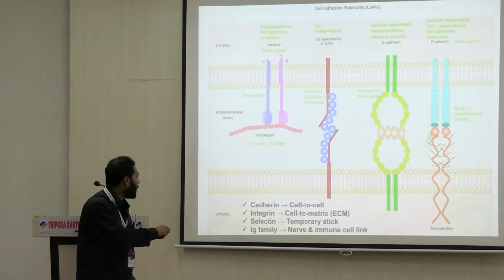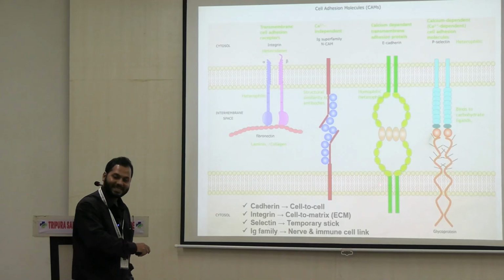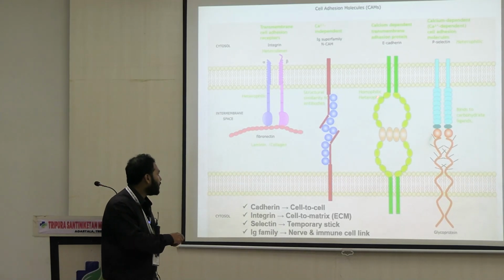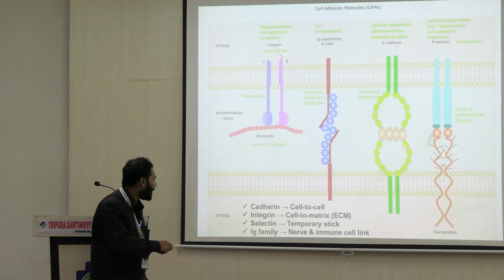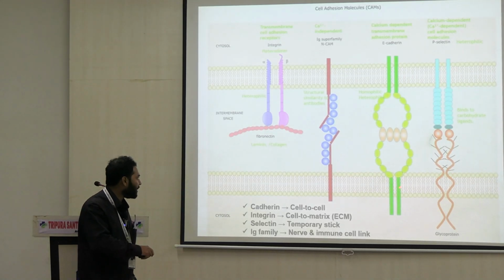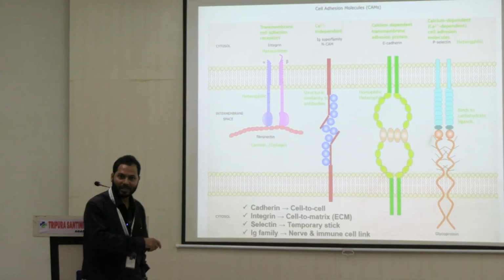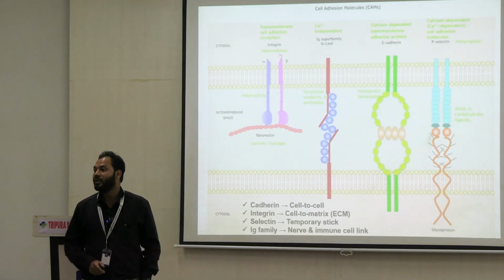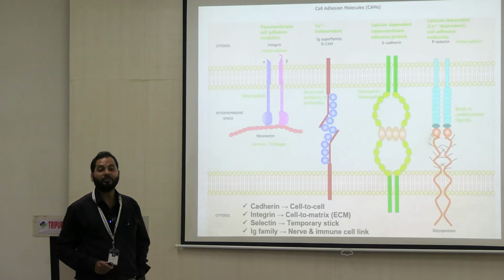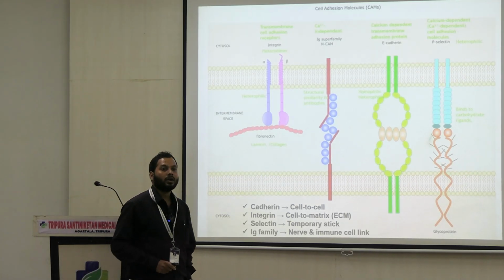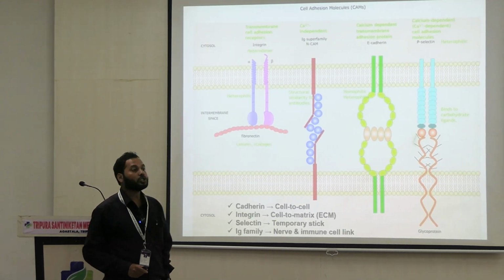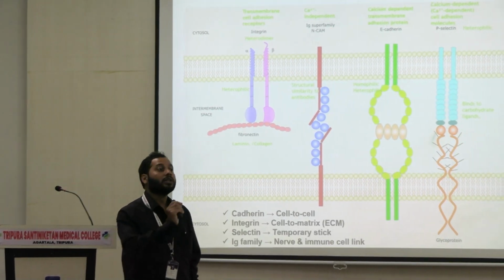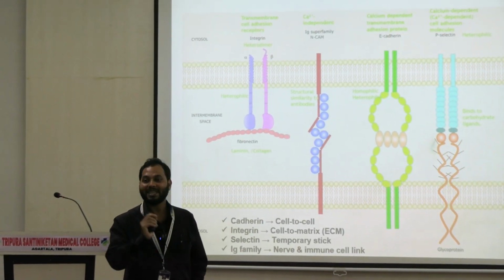So here the membrane of the first cell, here the membrane of the second cell, right? At the same time, you can see the structural features of the cadherins present in the 2 different cell membranes of adjacent cells are the same. It means it forms a homophilic interaction. So homophilic cadherins are those which form the connections between adjacent epithelial cells where the transmembrane proteins are the same.